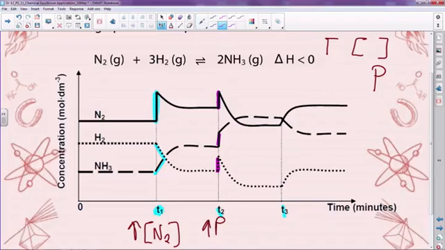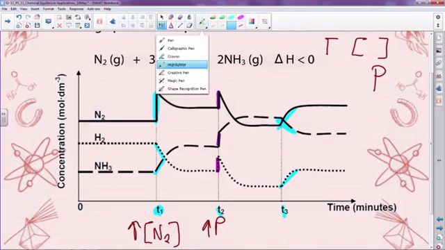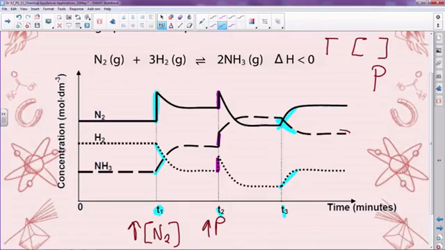Now we get to T3. At T3, when we look at it, fine, the gentle change, okay? But what happens here is, if we look at it, we actually ended up with less NH3 than when we made the change.